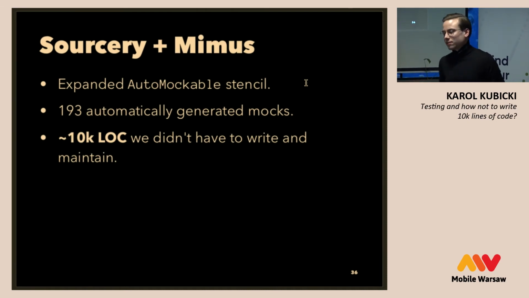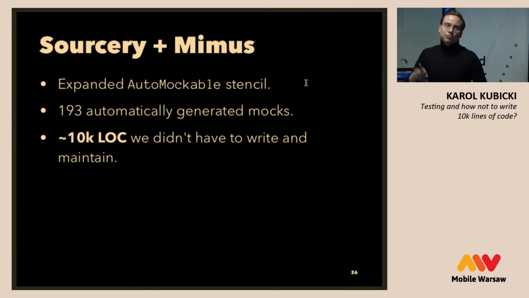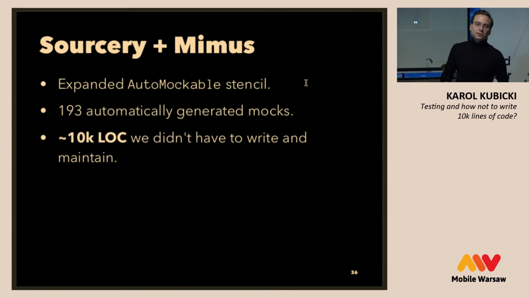So a little bit more advanced. And the result is that at the time of making this presentation, which was like a month ago, we had like 193 automatically generated mocks, and it was almost 10,000 lines of code that we didn't have to write and we don't need to maintain. So yeah, I call it a win.